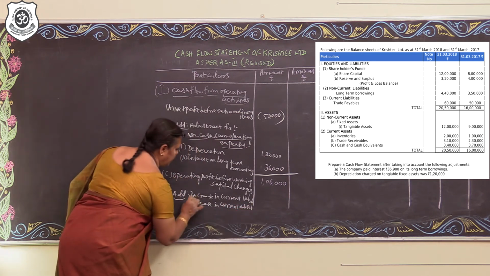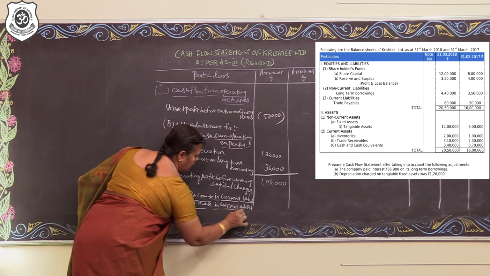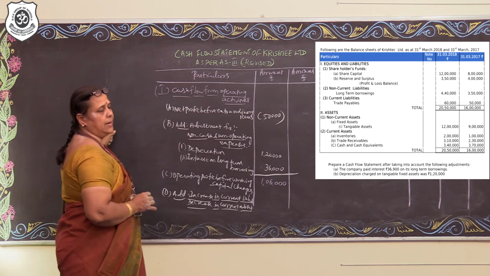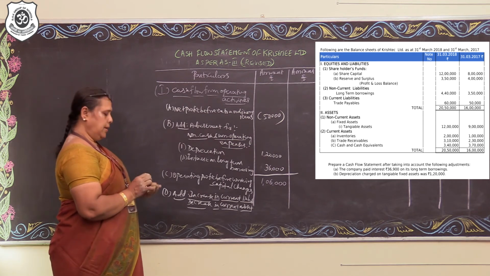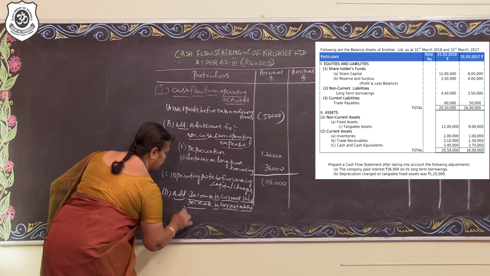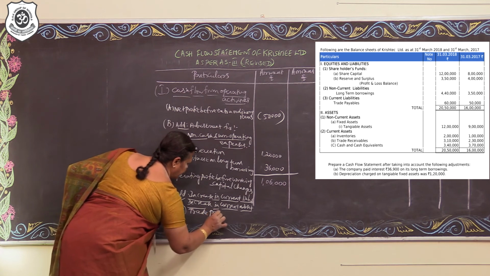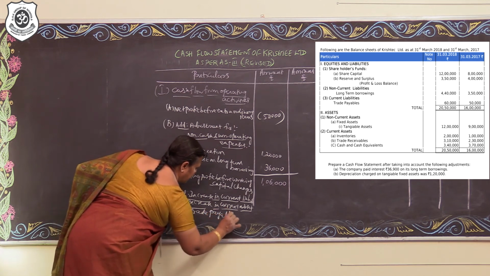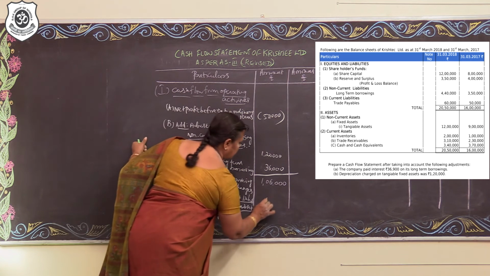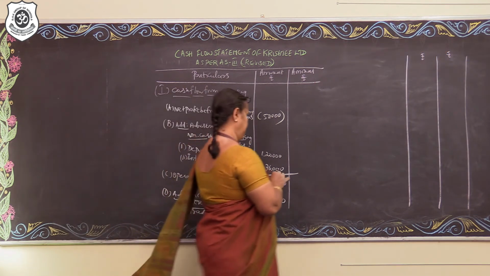Increase in current liability and decrease in current asset. So, there is no decrease in any current asset, but there is an increase in trade payables by 10,000 rupees. Trade payables is increasing by 10,000 rupees.